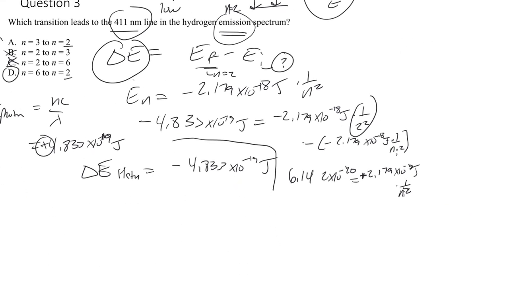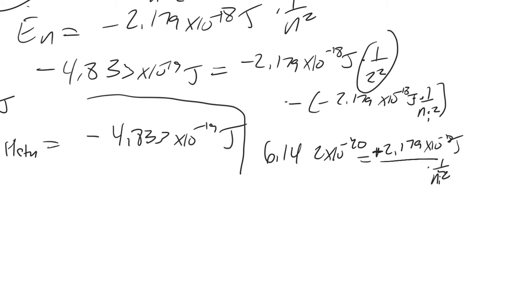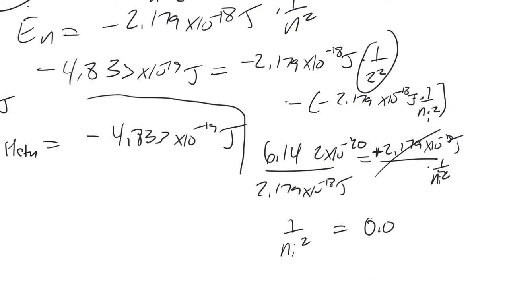And so what I want to do here now is just divide both sides by 2.179 times 10 to the minus 18. So my 1 over n initial squared is equal to 0.02819.